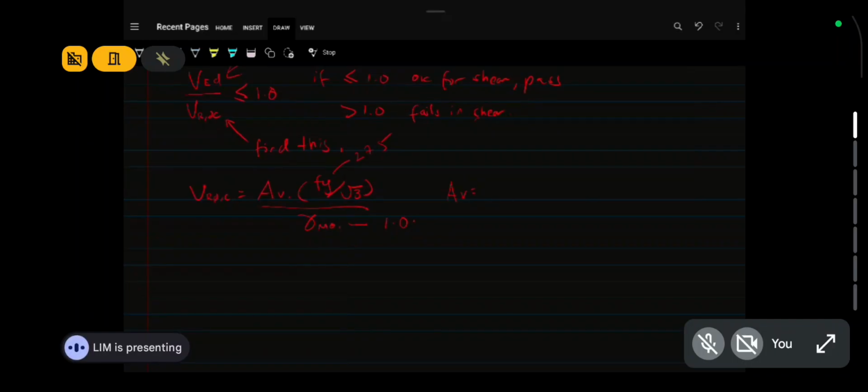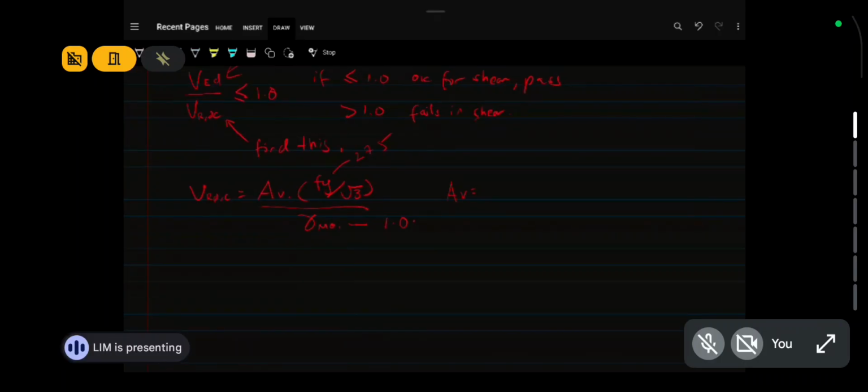Yes, correct. Good, thank you. Now, can you give me the formula for Av? So VRDC is Av times fy divided by square root 3, divided by gamma m0. Fy is 275. Gamma m0 is 1. The only thing we don't know is Av.